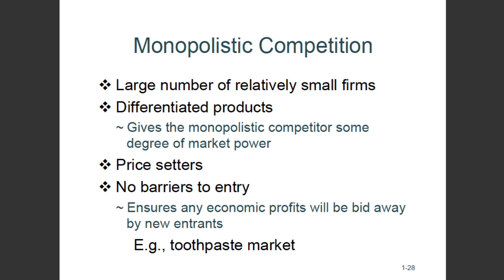Monopolistic competition is a mix of the two, where you have a large number of relatively small firms. You have differentiated products, which gives the monopolistic competitors some degree of market power.